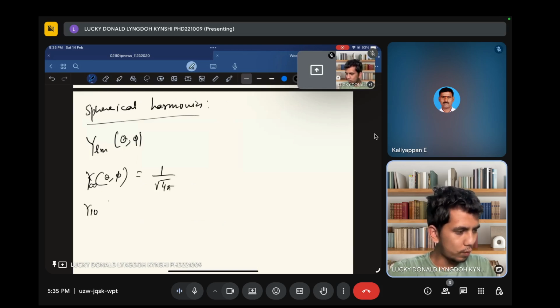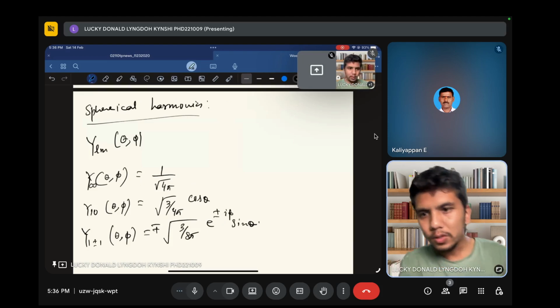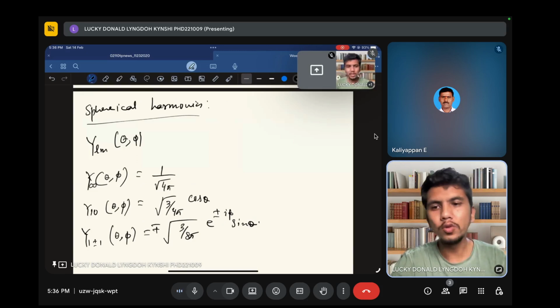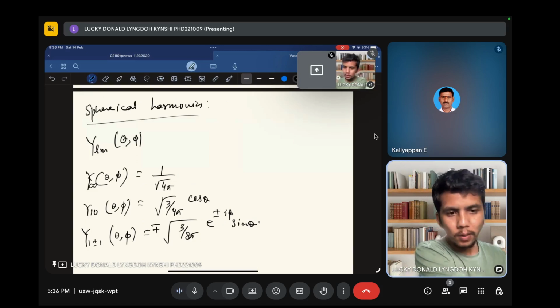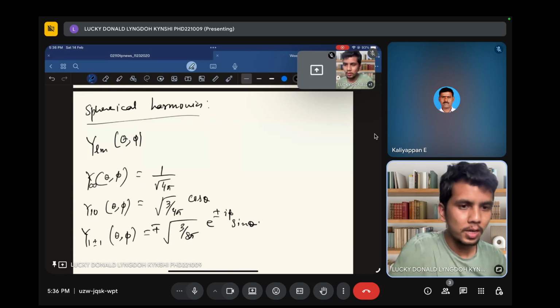Y of 1, 0 of theta and phi is root over of 3 divided by 4 pi cos theta, and Y 1 plus minus 1 theta and phi is equal to minus plus root 3 by 8 pi e to the power plus minus of i phi sine theta. Okay, so what does it mean? Y 0, 0 means L is equal to 0, m equal to 0. Okay, I wrote this because you will need it to solve these particular problems.